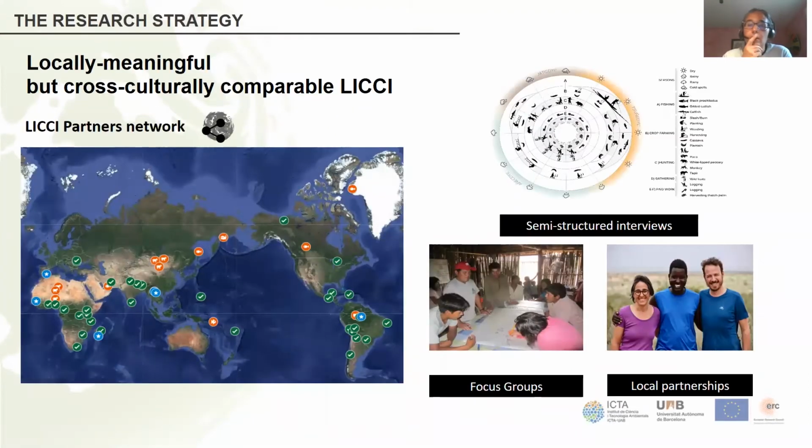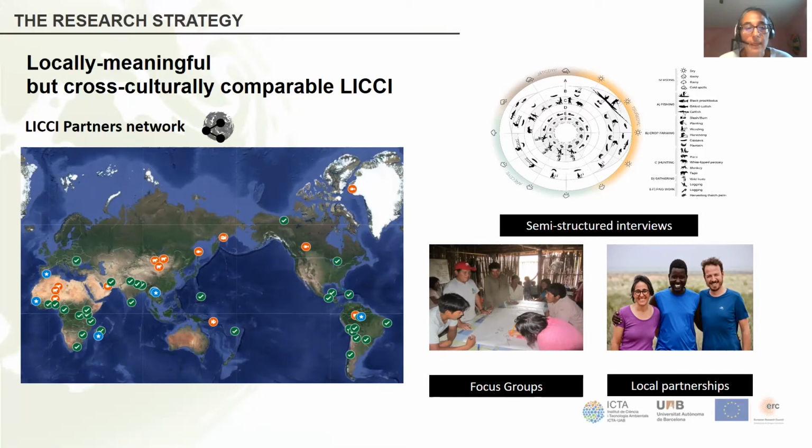One thing that is very important for the LICCI is that to make a strong impact, we believe that the collection of data has to be comparable across sites. There has been several research before on indicators of climate change, but every researcher has used a different methodology.